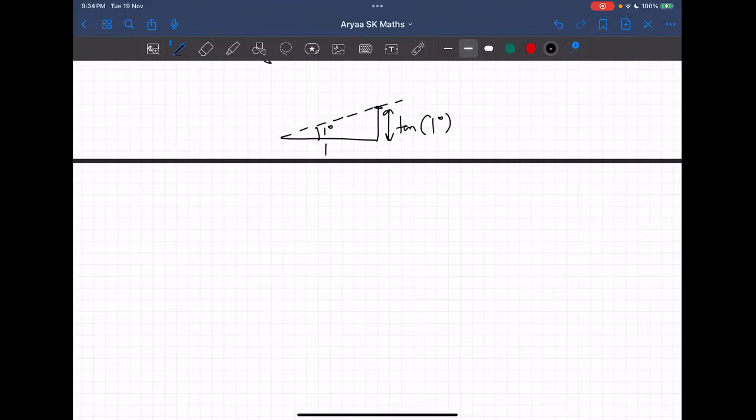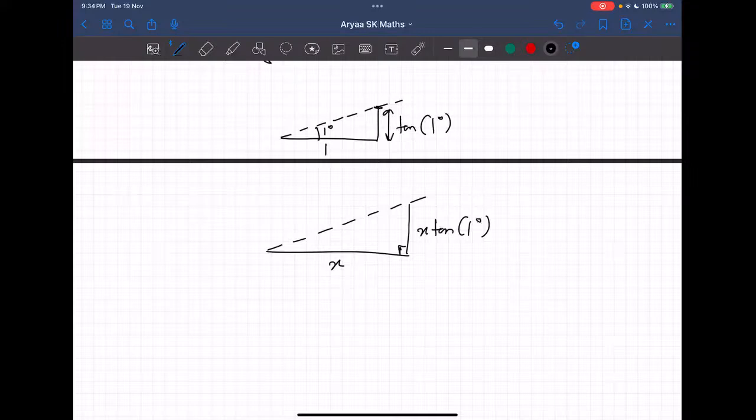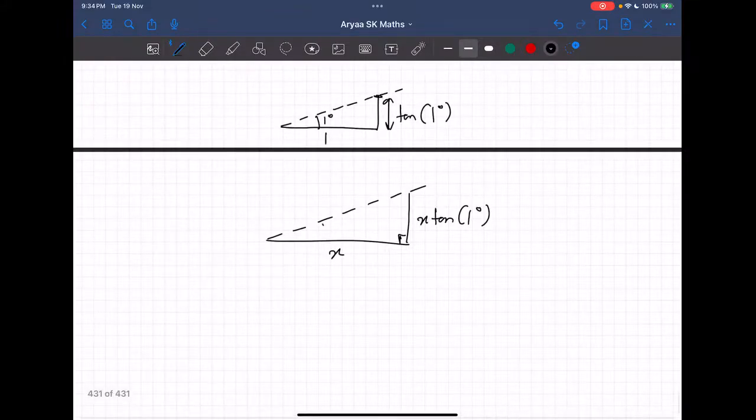And okay, let's try and make this a bit more general. So we'll say this has a length x, and then when we extend this side up, we'd have a side length of x tan of 1 degree. Okay. Oh, I'm really just going in circles.